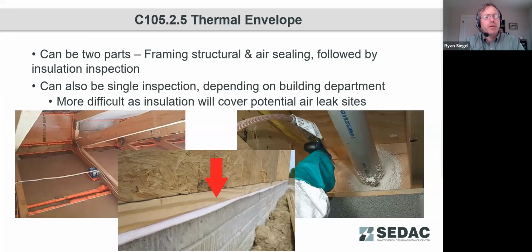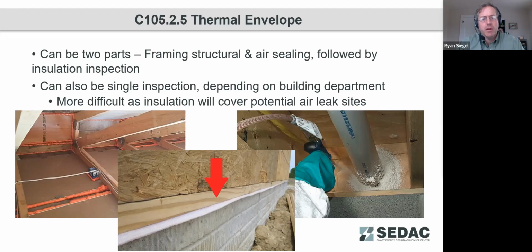So with our thermal envelope, it's not uncommon where we see that this inspection is broken into 2 different stages. As I noted earlier, for buildings, it's not uncommon to see many inspections. 10 or 20 inspections would not be that uncommon.